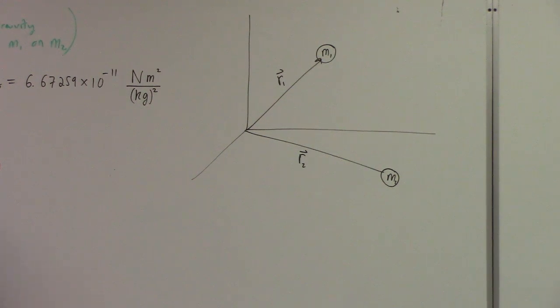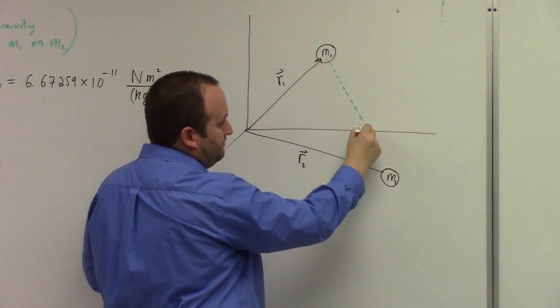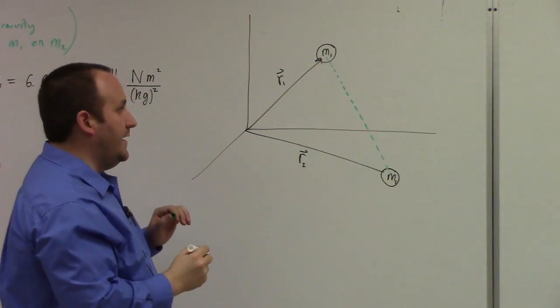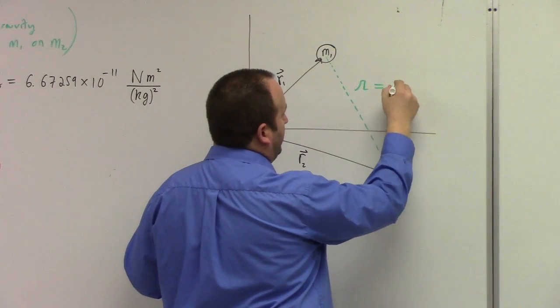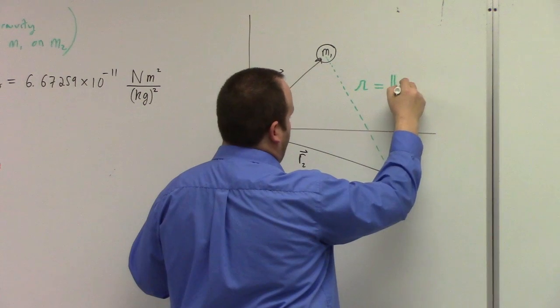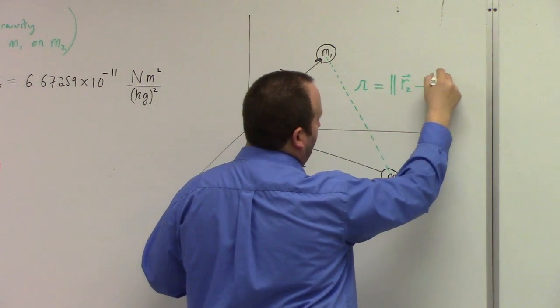We can be more precise here than this sloppy scalar formula in a picture. What we do is we think about the line which connects the two masses, like so, right? And so the distance between them we'll call script r. Script r is the magnitude of R2 minus R1.